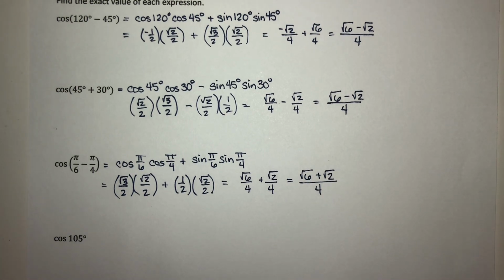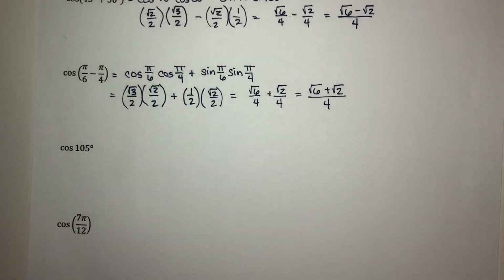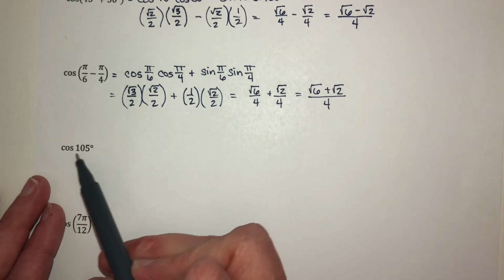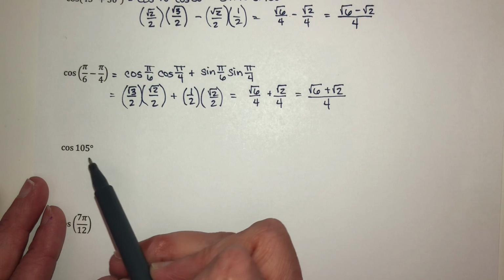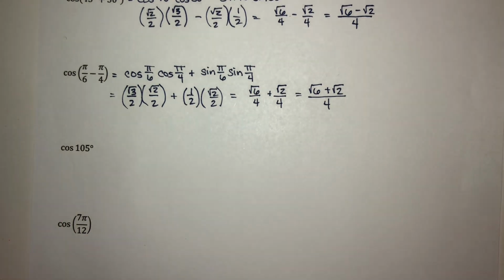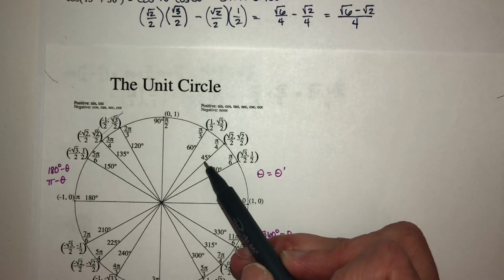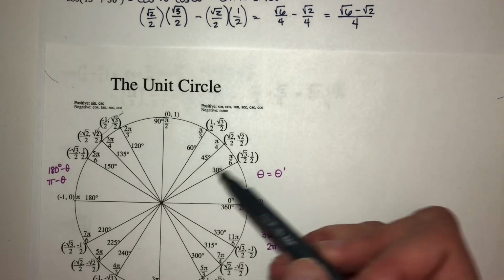Okay, so now let's use these properties to find cosine of 105 degrees. Now, we're not given the breakdown of this, but we want to rewrite this in terms of angles that we know. And if we're talking about degrees, generally we're talking about 30, 45, or 60. Anything else can be built up from those.